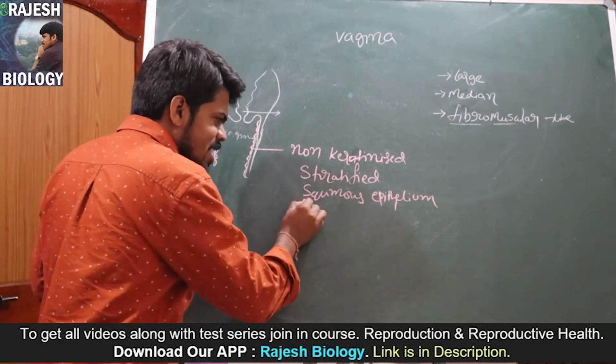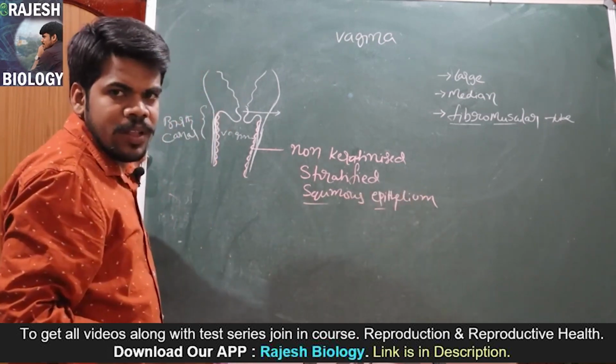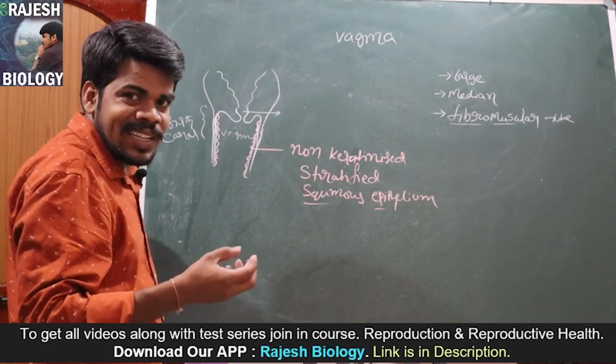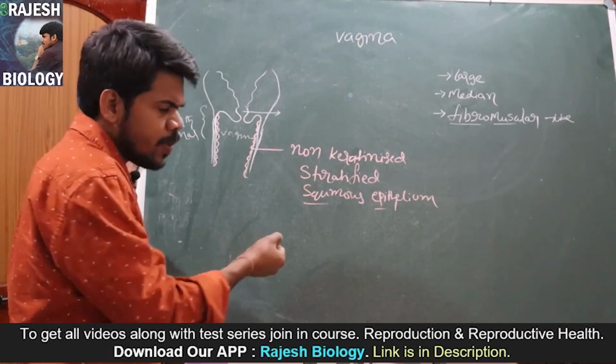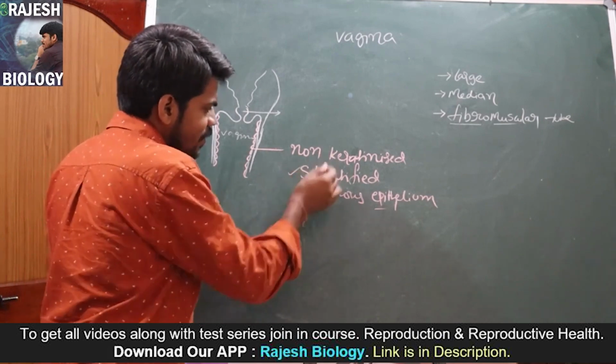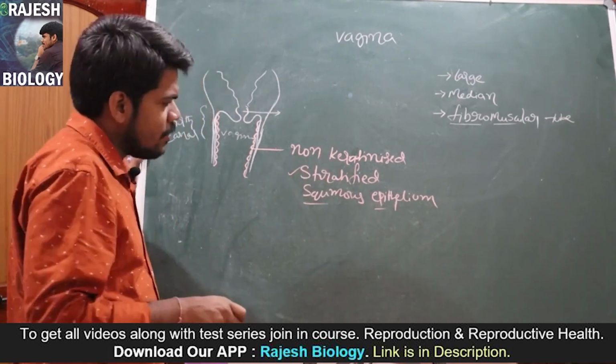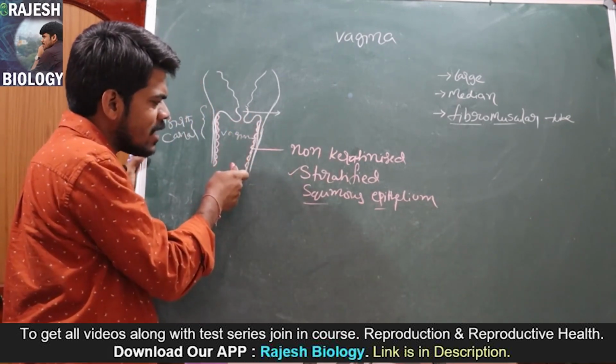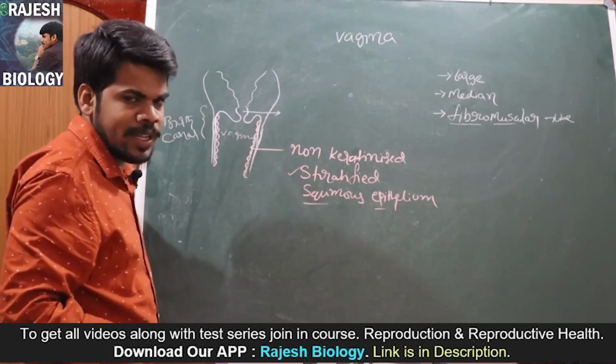You already know what squamous epithelium means: tile-like cells. Our skin is also prepared by stratified squamous epithelium. Stratified means so many layers, so here also many layers of squamous epithelium are present.